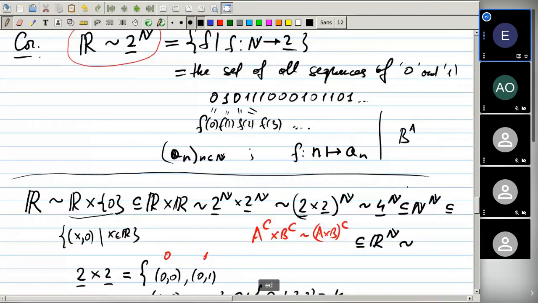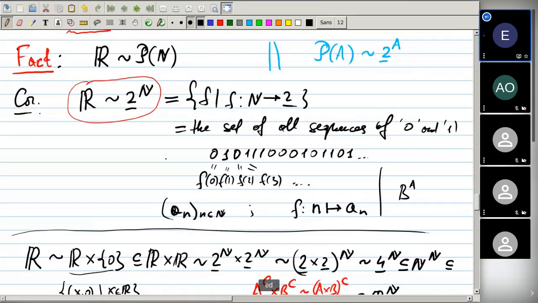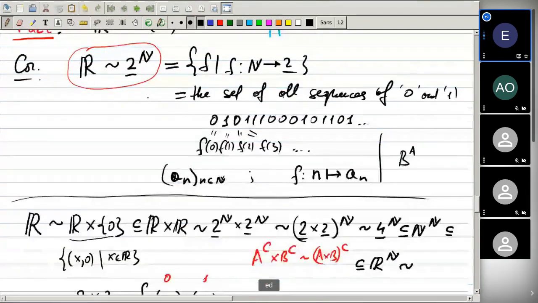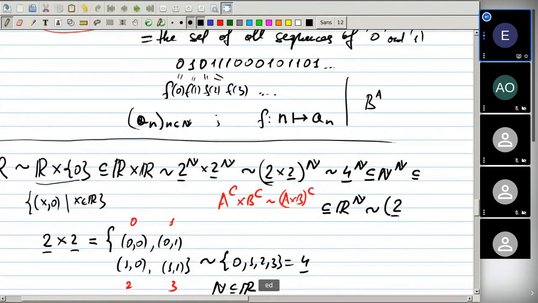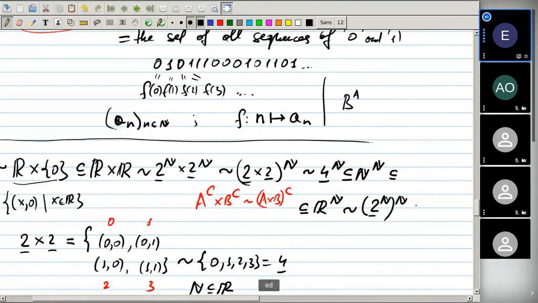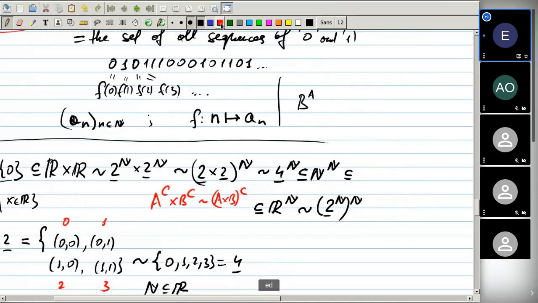But the set of reals is equivalent to 2 to the power n. Hence, this thing is equivalent to 2 to the power n to the power n. What do you know about this situation? Then it's 2 to the power n cross n.